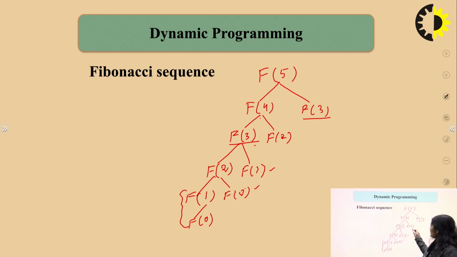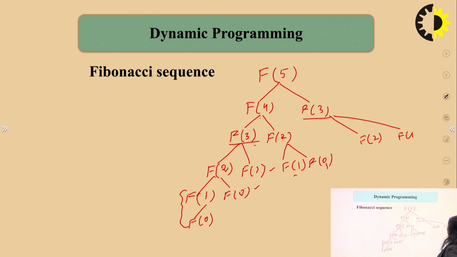For F2, I again need to find out the 2 previous terms, which are F1 and F0, for example, right? And for F3, I need to find out the solution of F2 and then the solution of F1, right?